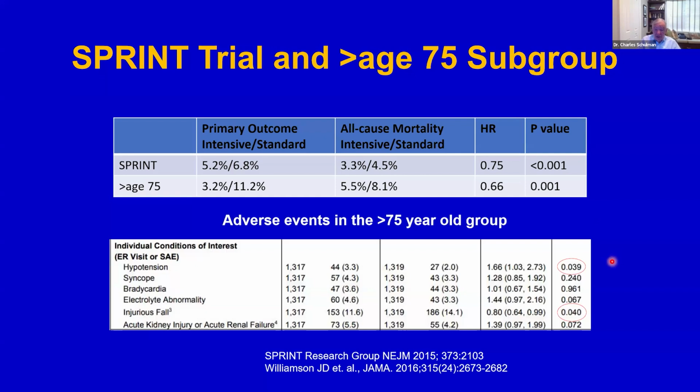As with any other treatment, there is some, quote, cost, end quote, side effects. There was more hypotension and injurious falls in the over 75 age group, but none of the other side effects were statistically significant.